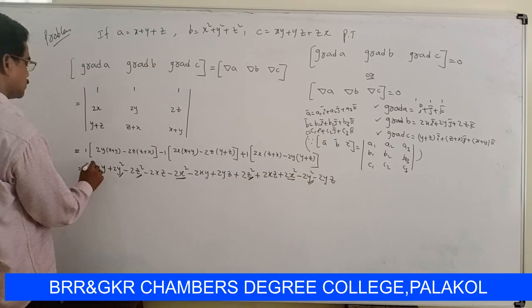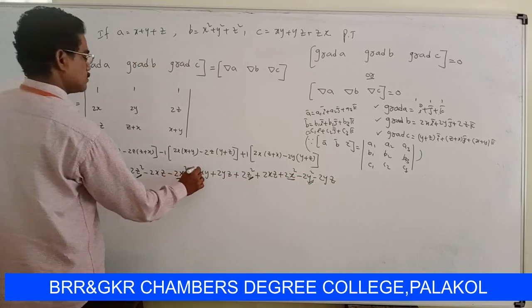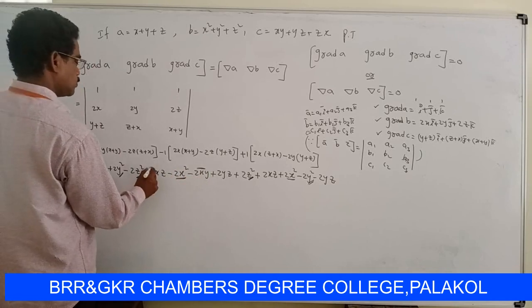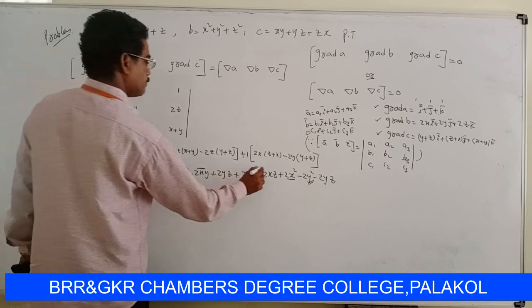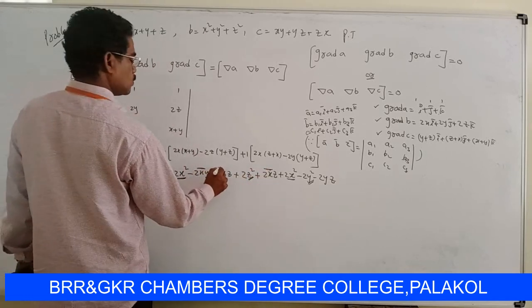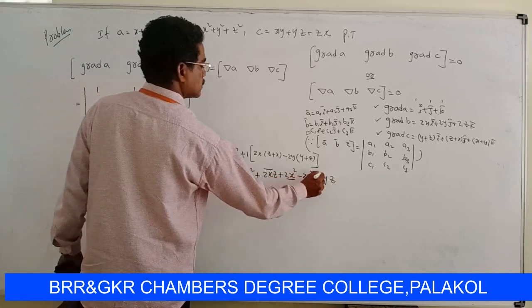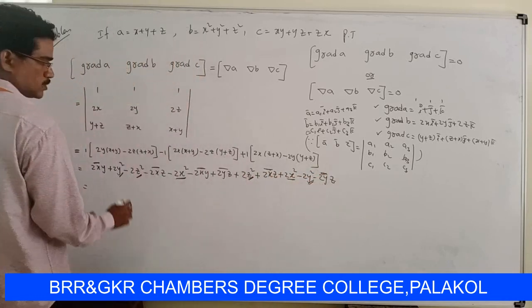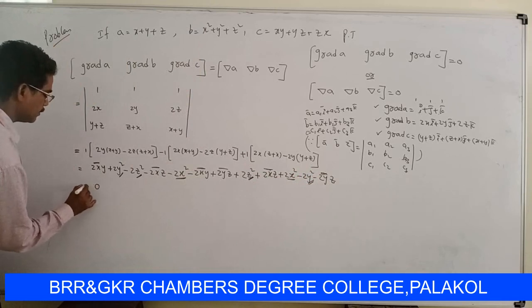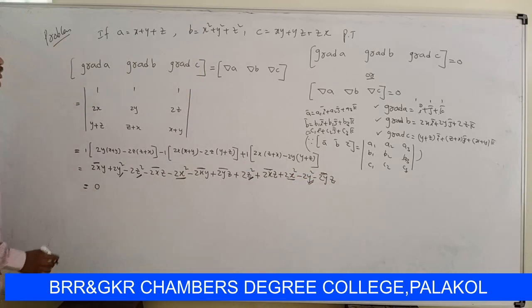Next, 2xy and minus 2xy cancel. Minus 2xz and plus 2xz cancel. Next, plus 2yz and minus 2yz cancel. So all the elements cancel, then we get the value 0.